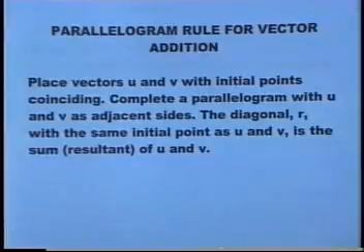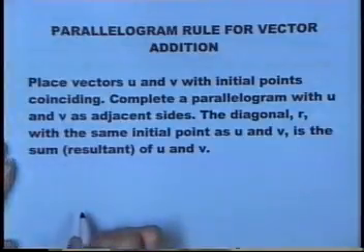The parallelogram rule for vector addition states that we should place vectors u and v with initial points coinciding. Complete a parallelogram with u and v as adjacent sides. The diagonal r with the same initial point as u and v is the sum or resultant of u and v. Let me demonstrate that here with just this example.